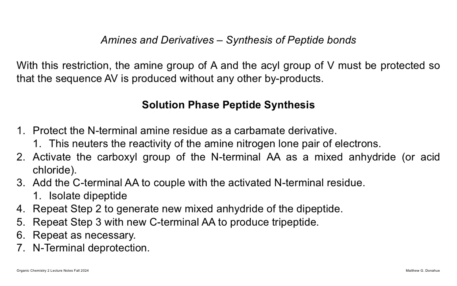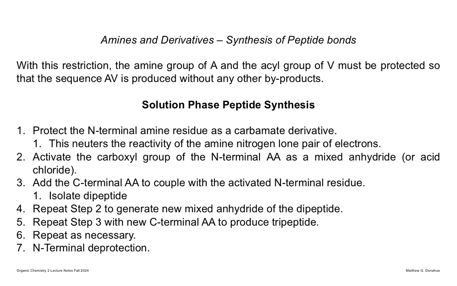So conceptually, this is the strategy that you would use for solution phase. This just means like you're in the 256 lab and you got the chemicals and you're running them. So as opposed to what I'll talk about over the next couple slides, which is called solid phase. So really what we're doing in solution phase is you're starting from the N-terminus residue.